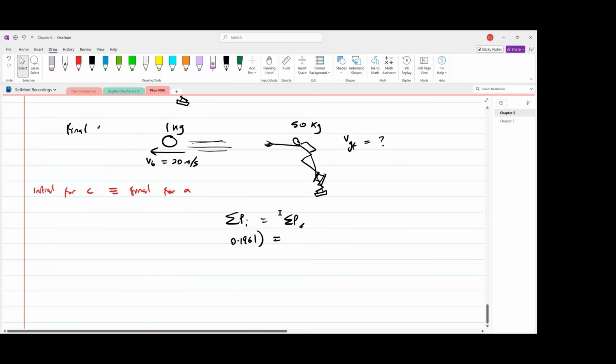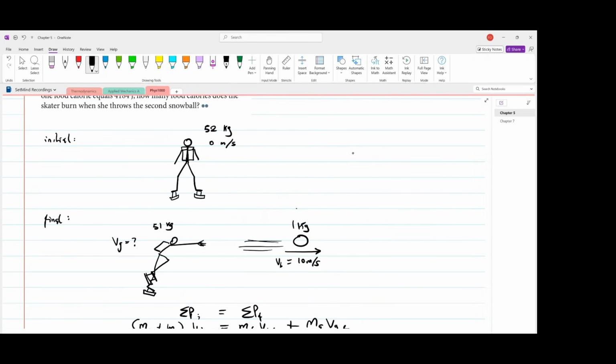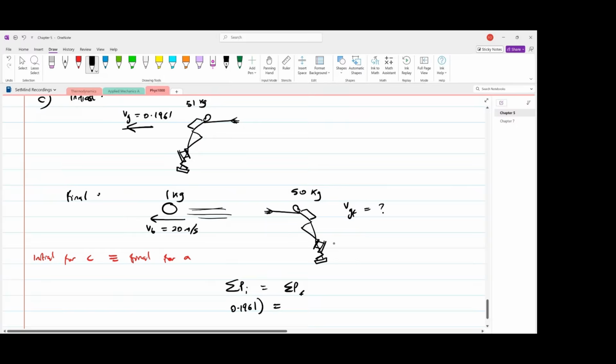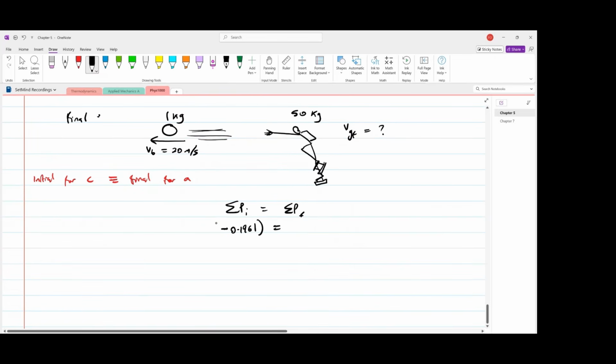I didn't explicitly state it actually, but right is positive because we took 10 to be positive. So that means actually this is supposed to be negative, then it is 51. And then this is equal to 1 kilogram times negative 20 plus 50 kilogram times VGF, right?